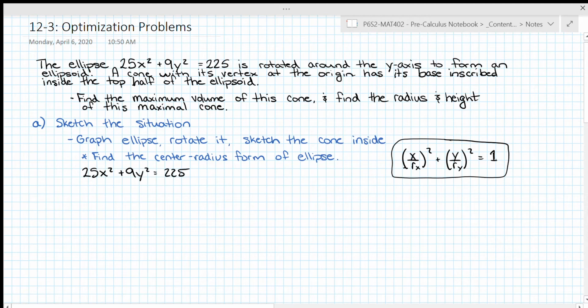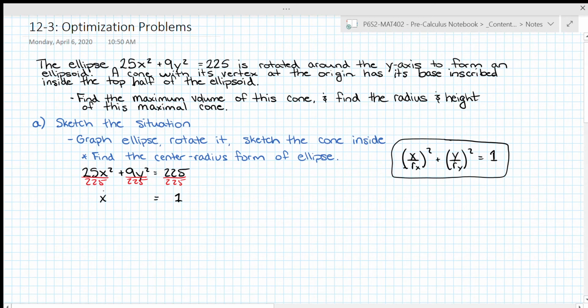So first thing I want to do is set the right-hand side equal to 1. Right now I have 225 there, so let's go in and divide all of the terms by 225. That creates 1 on the right-hand side here. And then 25 over 225 ends up being 1/9.